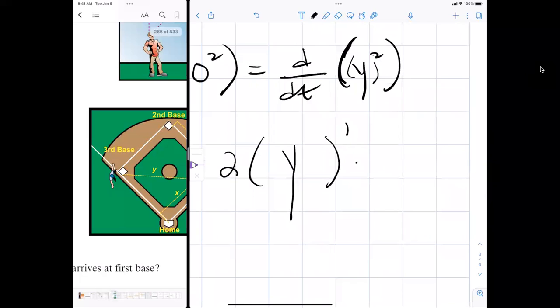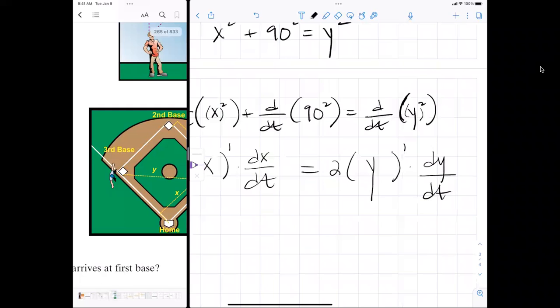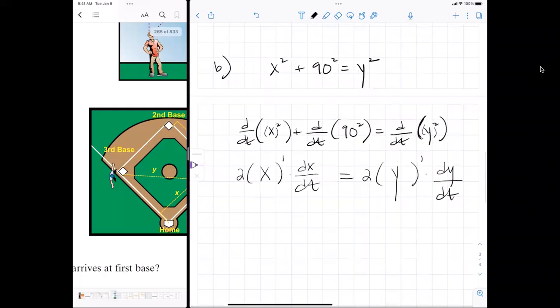So the derivative of y with respect to t. And then for the related rates problems, it's just plugging in values that you know.